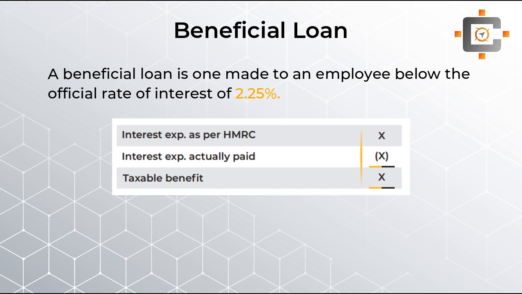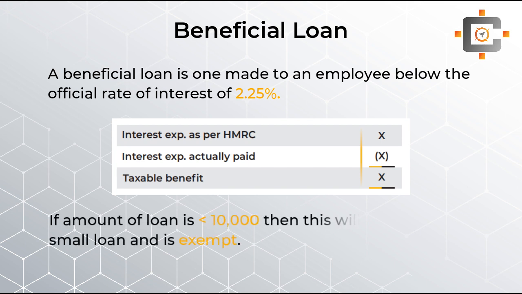Whatever the difference is, the benefit you have got in terms of interest expense will become your taxable benefit. But the most important thing to understand is that if the loan amount is less than or equal to £10,000, then it will be treated as a small loan and it will become exempt.